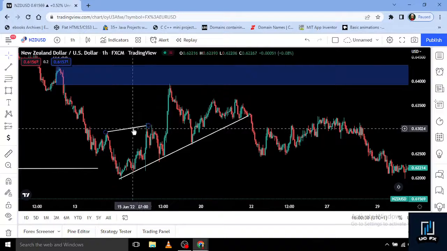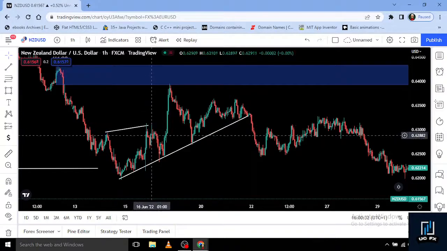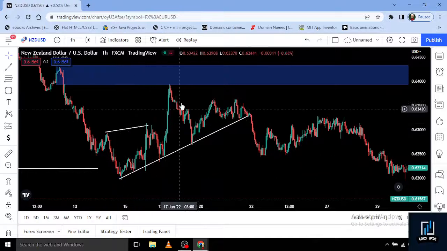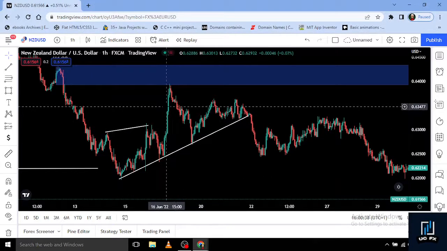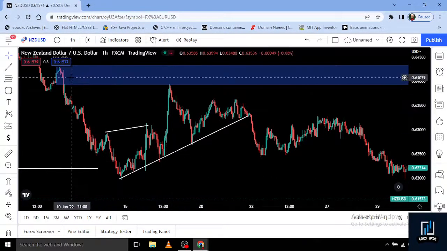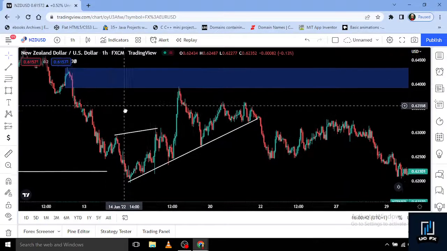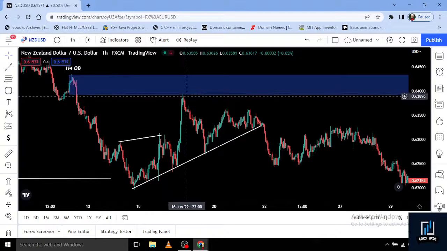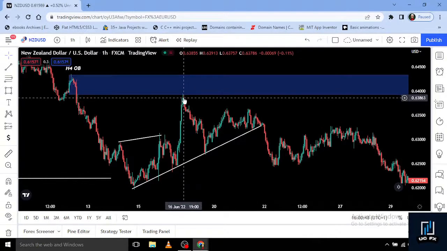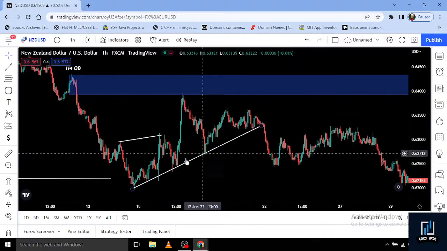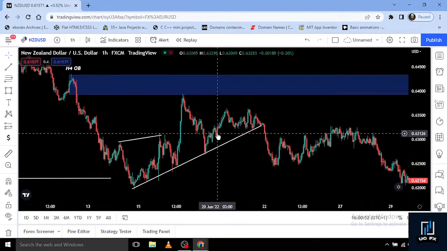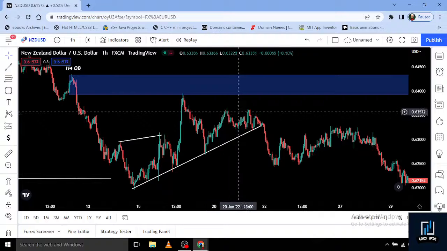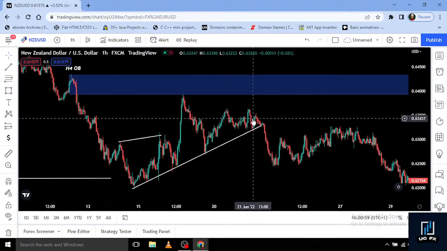After taking out these highs, after the traders that were going short were taken out, they created this trend line liquidity. Traders started going long, and as you know, we already have our H4 order block, which has been mitigated. So the smart money are now interested in sales, and at the same time they have created liquidity to bring in buyers so that they can take them out as well and add their sales so that the market will go in their favor.